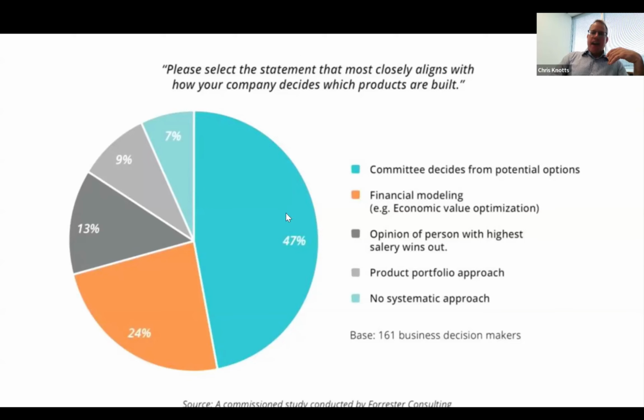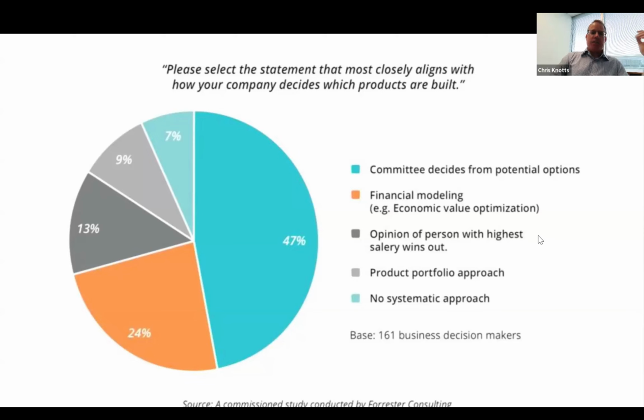So almost half decides by committee from the options. About a fourth have financial modeling, some kind of economic model that they use. 13%, a not insignificant slice, it's just the opinion of the person with the highest salary.